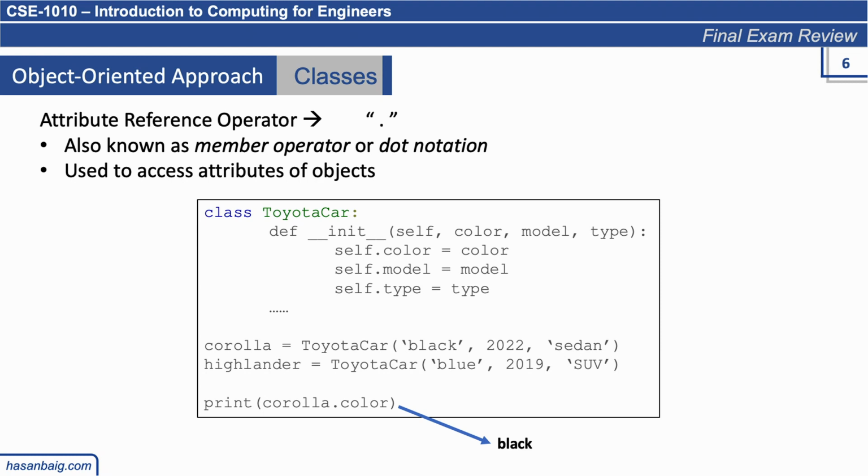Here we are printing the color, but instead I could write Corolla dot color equals something. So I could accidentally overwrite the default value that was assigned to this object when it was created. So it is recommended not to access any particular variable unless it is needed.